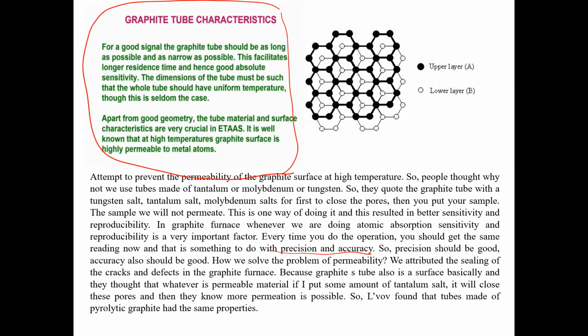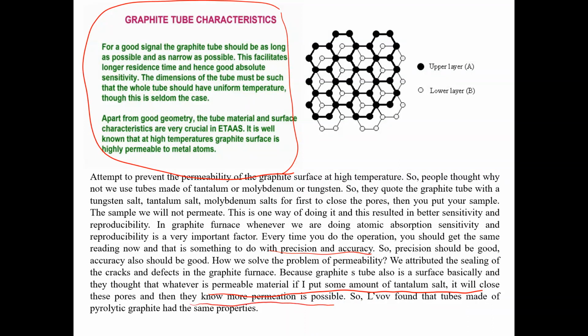We attributed it to the sealing of the cracks and defects in the furnace, because the graphite tube is basically a surface, and they thought that whatever is permeable material, if I put some amount of tantalum salt, it will close these pores, and then no more permeation is possible.